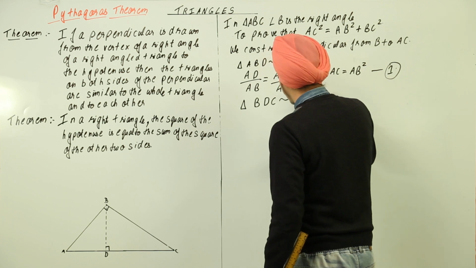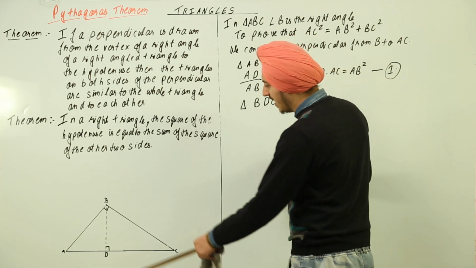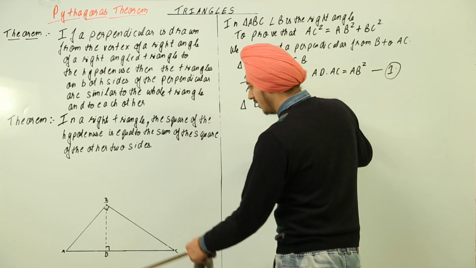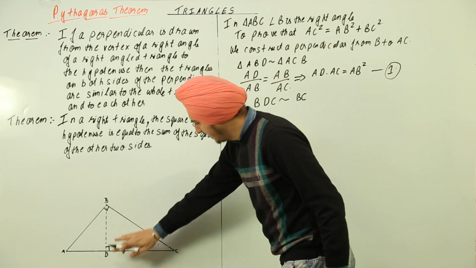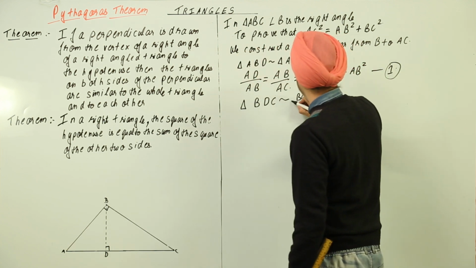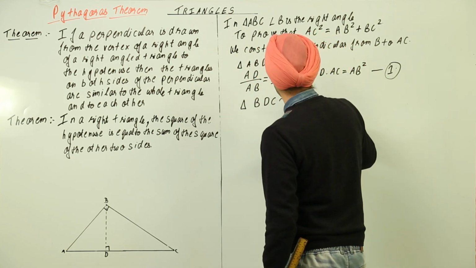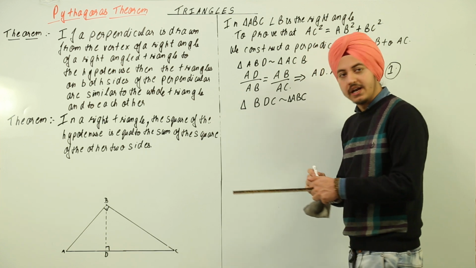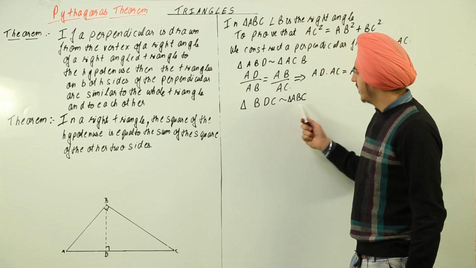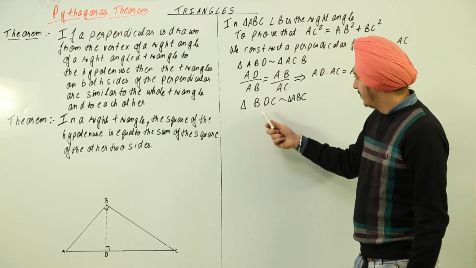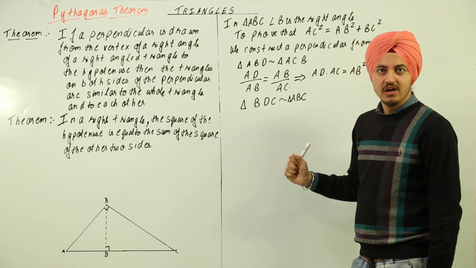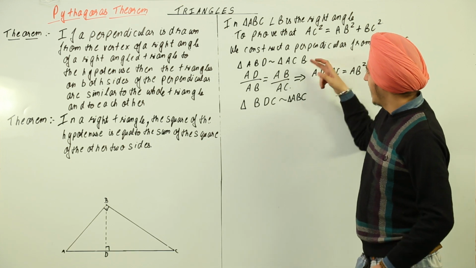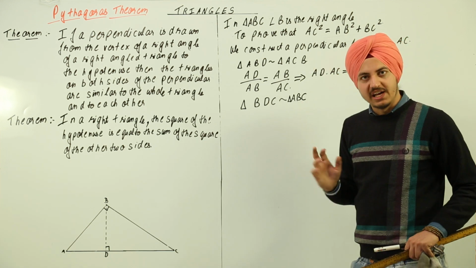So B should come over here, and at the place of B we have to write angle BDC. BDC is similar to triangle ABC. Now see over here, have I written the corresponding sides and the angles correct? Angle B is equal to angle A, angle D is equal to angle B, and angle C is common, correct? Same way as I wrote this, this is also written the same way.